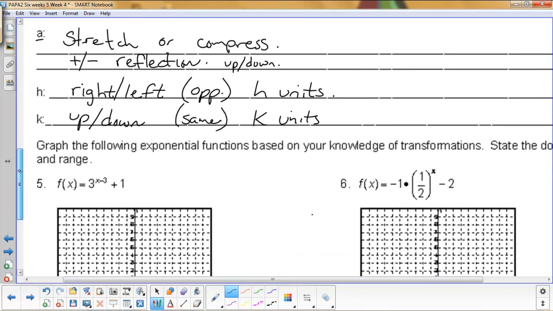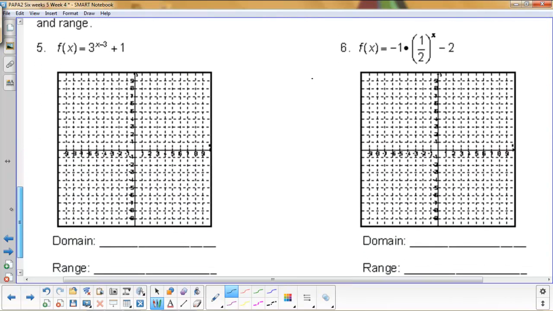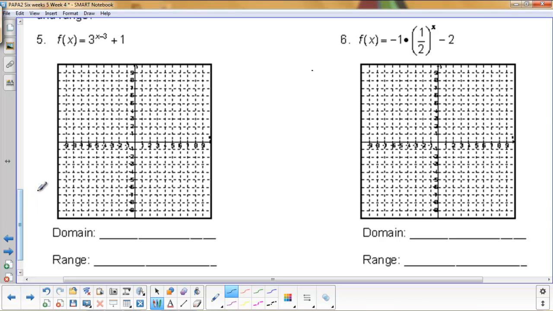We'll go through a couple examples now based on transformations of parent functions. We're going to create a new graph, and then we are going to state the new domain and the new range. What I'm going to do here is every time an asymptote is present, I'm going to draw it using a dotted line. So notice that I have a transformation that moves this to the right 3 units and up 1 unit.